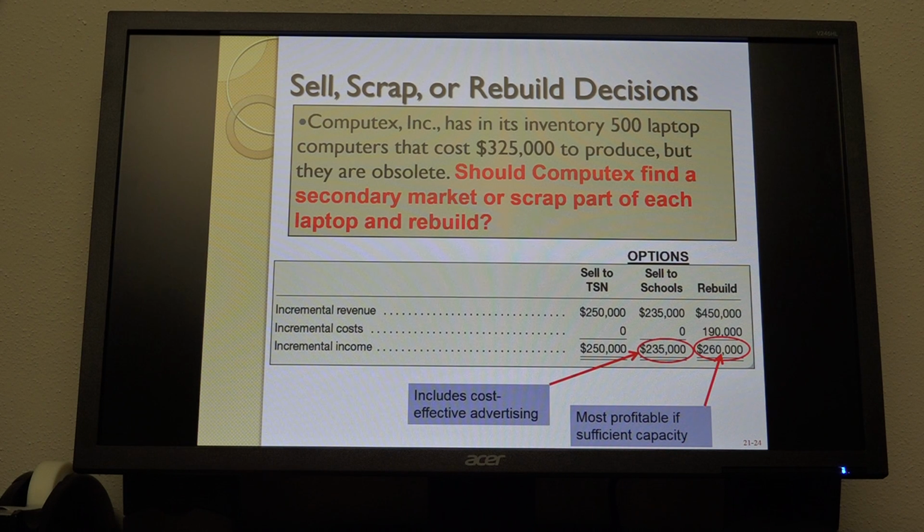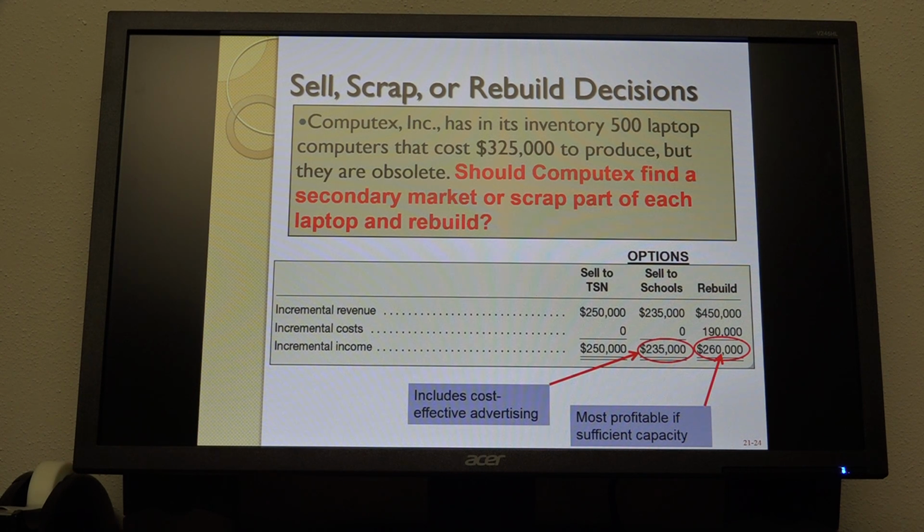Now, some non-financial considerations might be, well, what about the PR we would get from selling these to a school for a much discounted price? But the big problem there is, well, we're selling them an obsolete product. What is that going to do to our reputation?